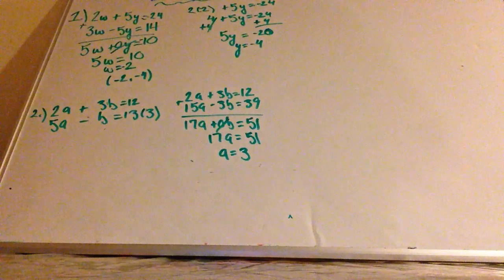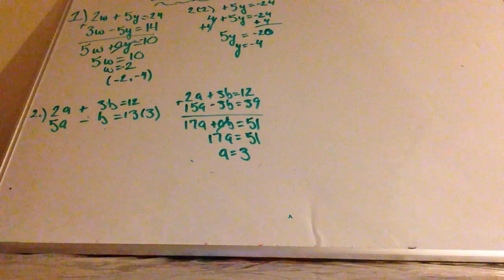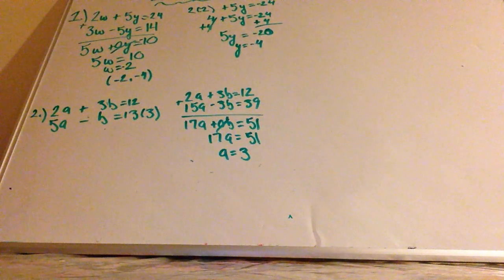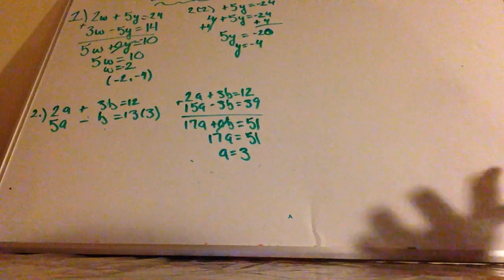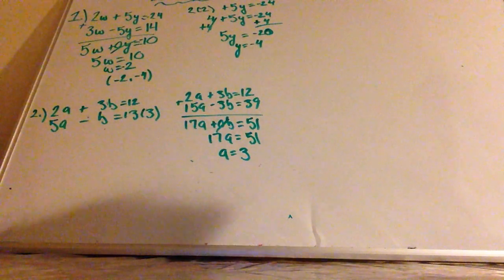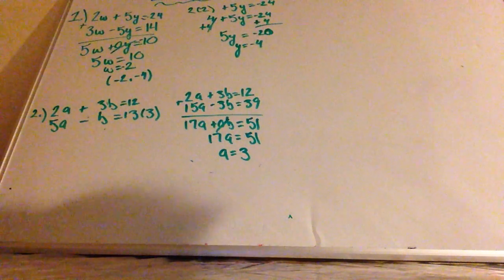Now, again, we must substitute a into the equations. And since the first equation is simpler than the second, we can go ahead and substitute a for 3 in the first equation. So we have 2a, which is now 3.